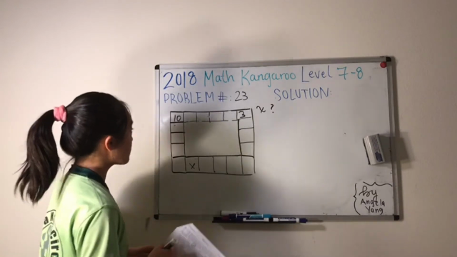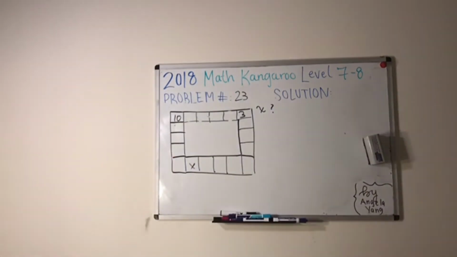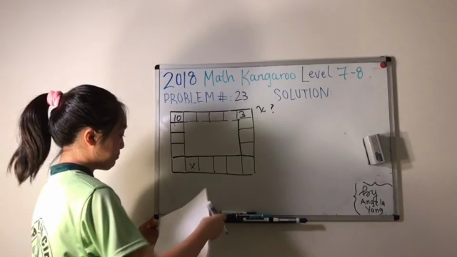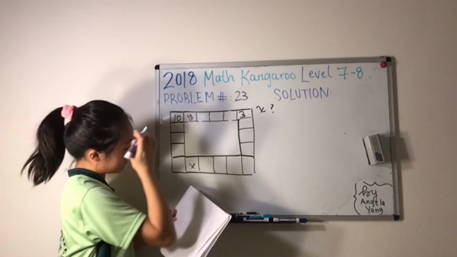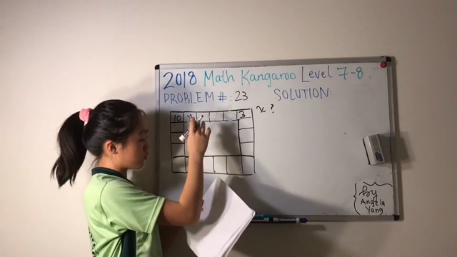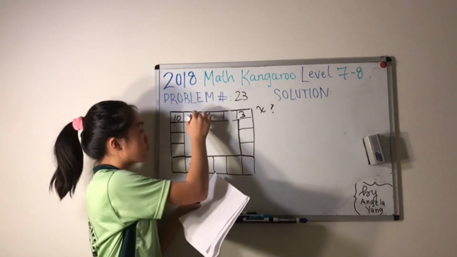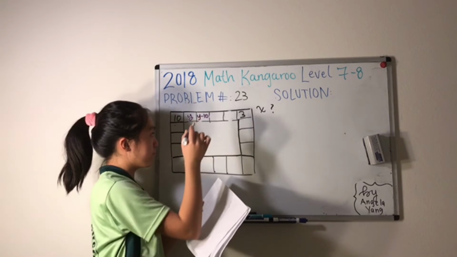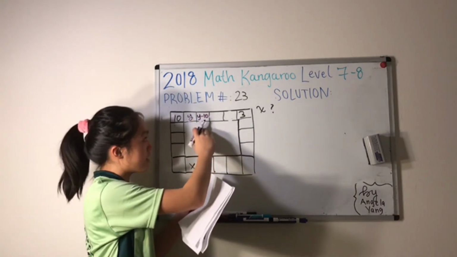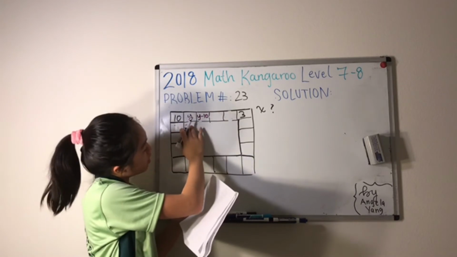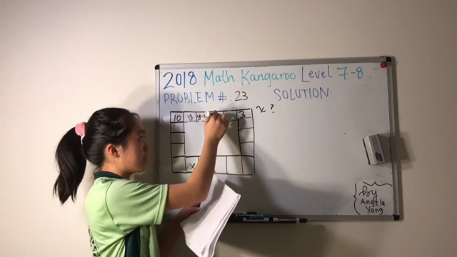So let's pretend that this value over here is Y. Over here, 10 plus something has to equal Y. So 10 plus Y minus 10 equals Y. Then over here, we have Y minus 10 plus something, so negative 10.